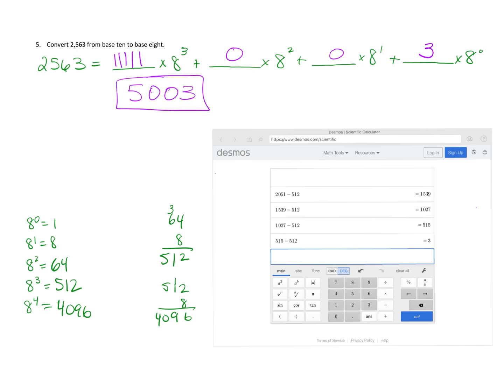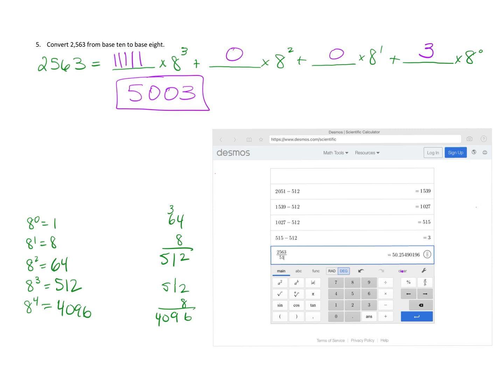Another way to figure out that 5 in the 8 cubed spot would be to use division. I would take 2,563 and divide by 512. This tells you how many times 512 will go into 2,563.